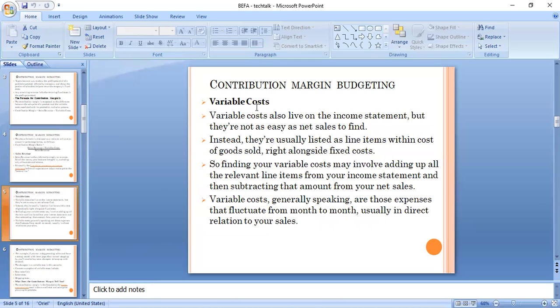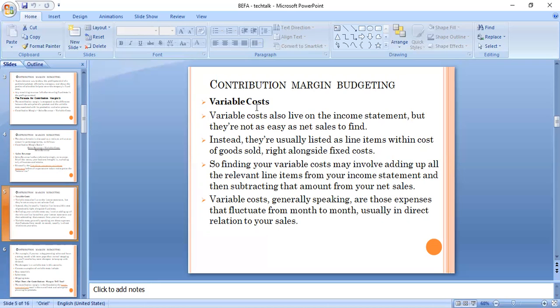Variable costs. Variable costs also live on the income statement, but they are not as easy as net sales to find. Instead, they are usually listed as line items within cost of goods sold, right alongside fixed costs. So finding your variable costs may involve adding up all the relevant line items from your income statement and then subtracting that amount from your net sales.